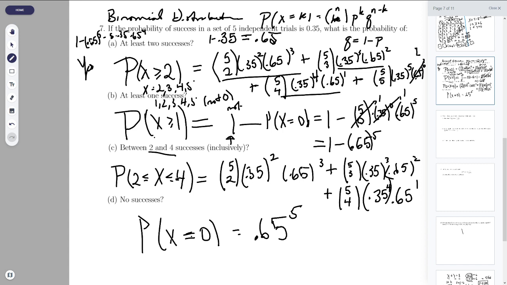There we go. That should be good enough. So yeah, this is basically the binomial distribution, how to deal with it.